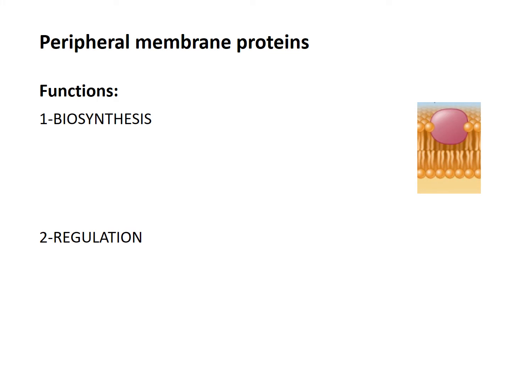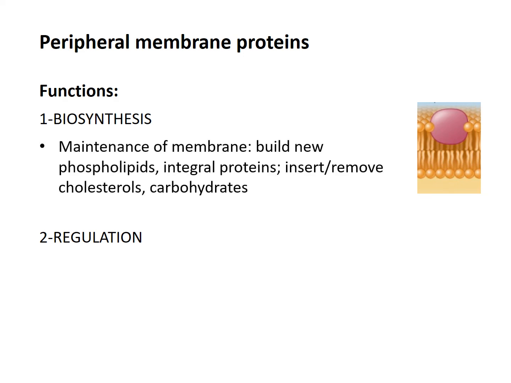Peripheral membrane proteins have a couple of key functions that I'm going to talk about: biosynthesis and regulation. Peripheral membrane proteins are often enzymes that perform cellular work. They assist in chemical reactions that make new membrane components.